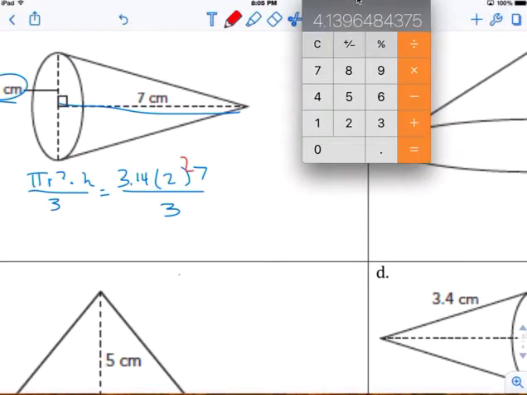So 2 squared is 4, so 3.14 times 4 times 7 equals that. That equals 87.92. Divide that by 3.